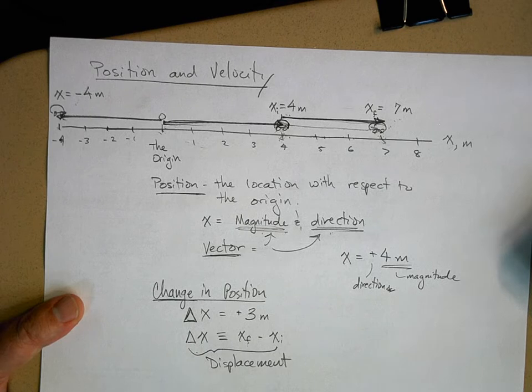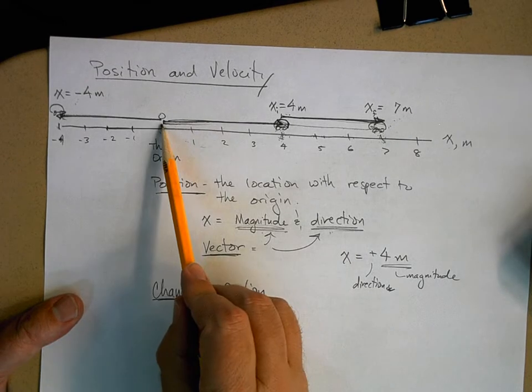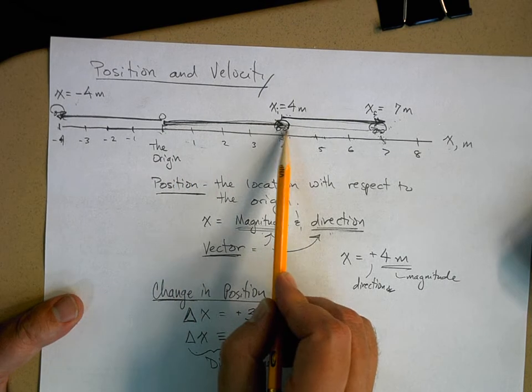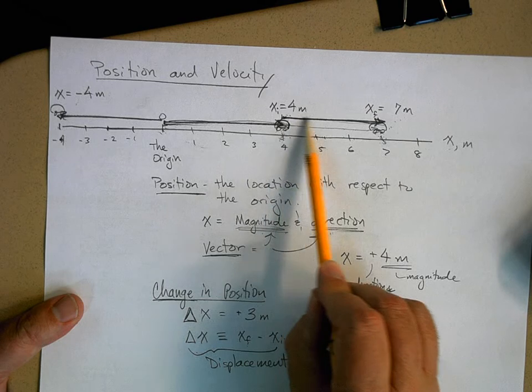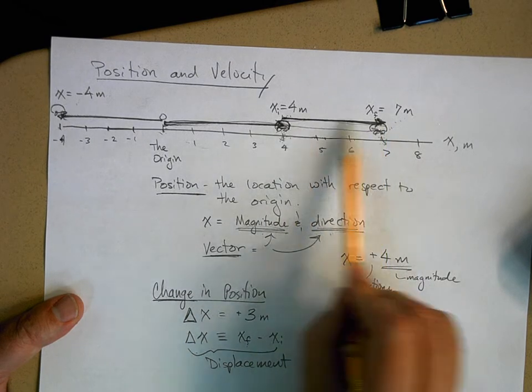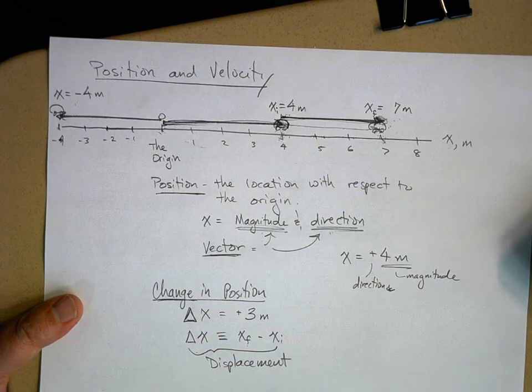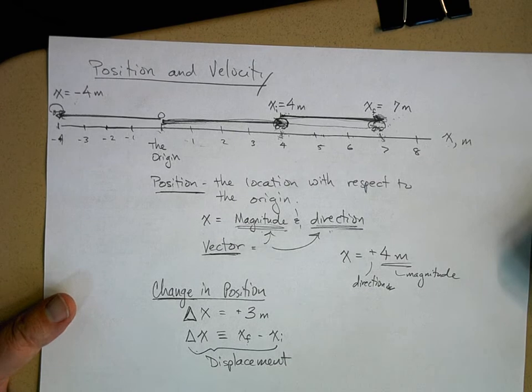Where does a position arrow always start? At the origin. You're describing where it is compared to the origin. Whereas a displacement vector is saying it started here and it ended here. So we have 3 meters to the right. So displacement vectors are a little bit different than position vectors. They're defined differently.